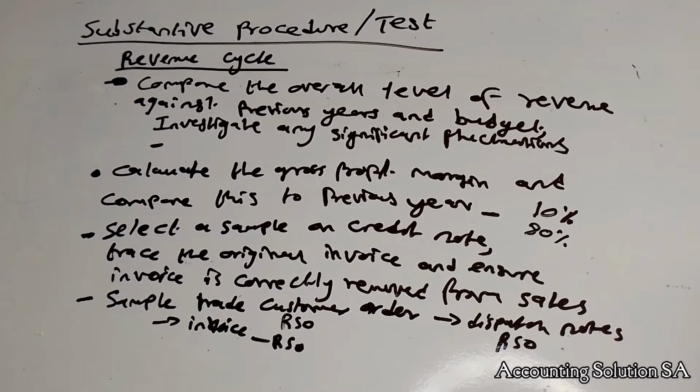If you find that the dispatch note says 30 rand and the invoice is 60 rand and the customer order is another amount, which means that it is invalid, we have to investigate what happened. So this is how you should perform your substantive procedure. The first point, you have to write the main key. Then after that, you link it with the what? With the scenario. Okay.